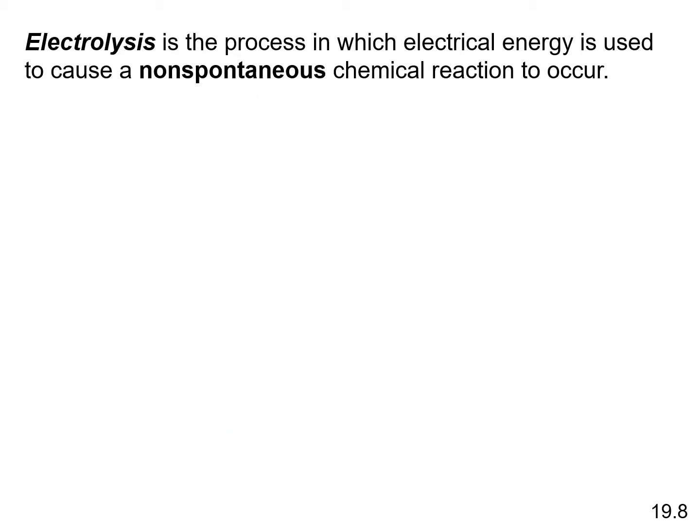So another important application of electrochemistry is the concept of electrolysis. Electrolysis is the use of electrical energy to drive non-spontaneous redox reactions. An example is the electrolysis of molten solid.